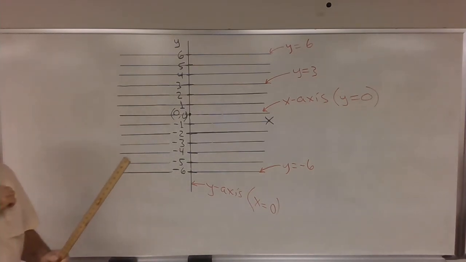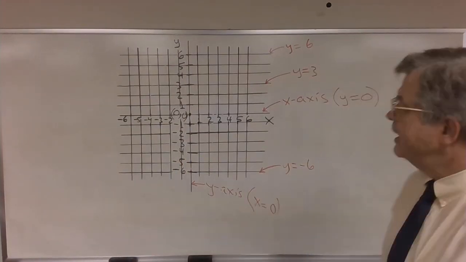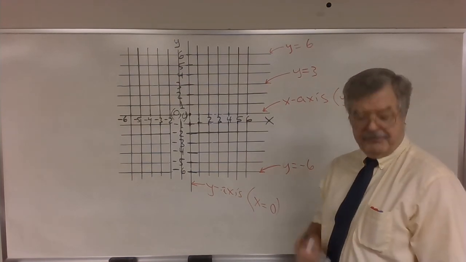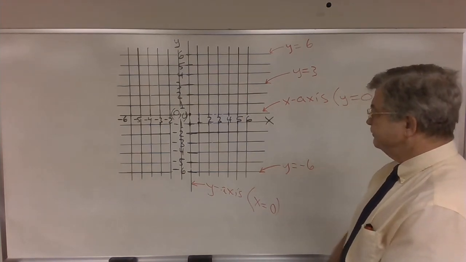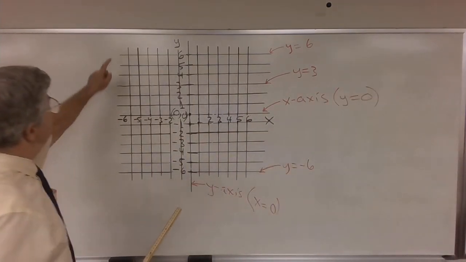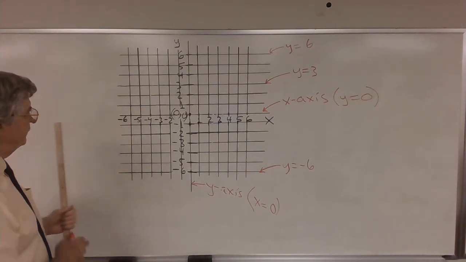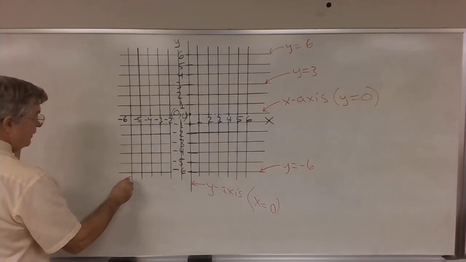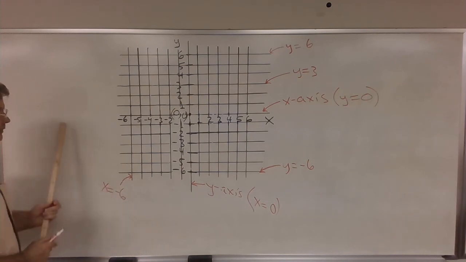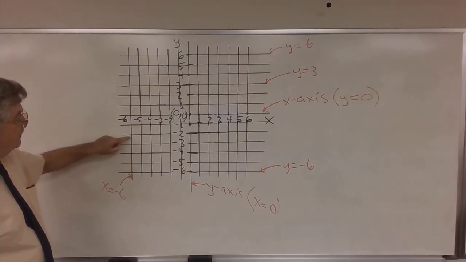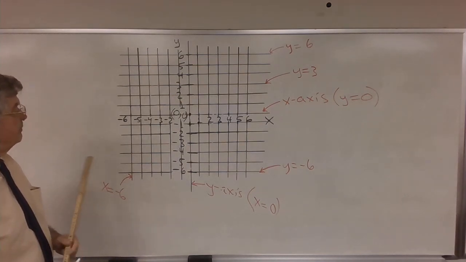Now I guess we have to do the same thing for the x values, don't we? We can do something similar with points on the vertical lines. This vertical line that runs through the point -6 on the x-axis is given by the equation x equals -6, which means that every point on this vertical line has an x-coordinate of -6.